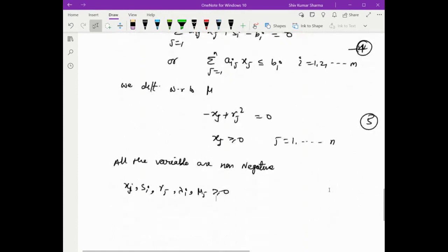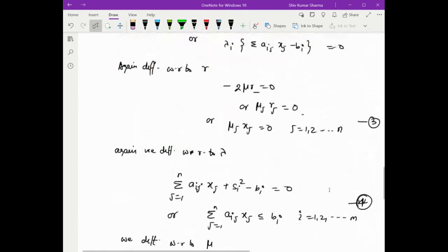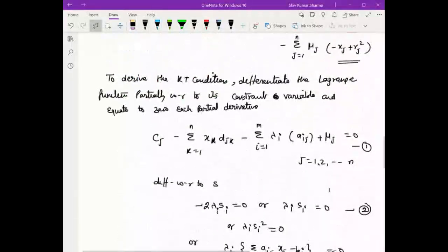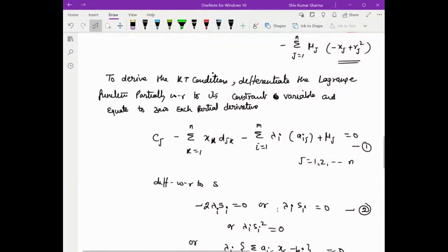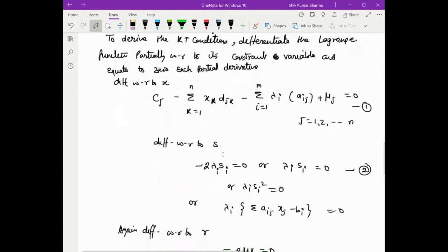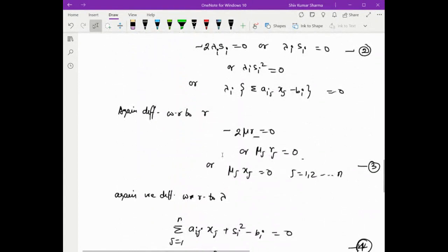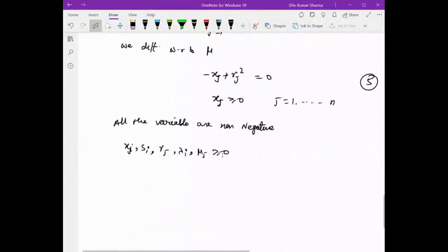We involve 5 variables, and with respect to these 5 variables we differentiate. First with respect to x, second for s, third for r, next for lambda, next for mu.